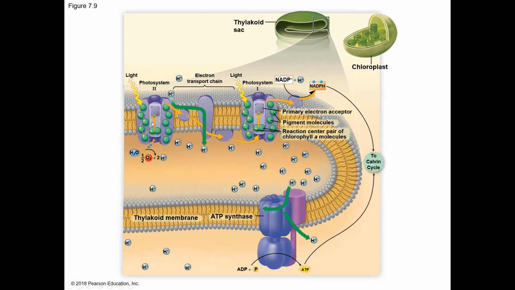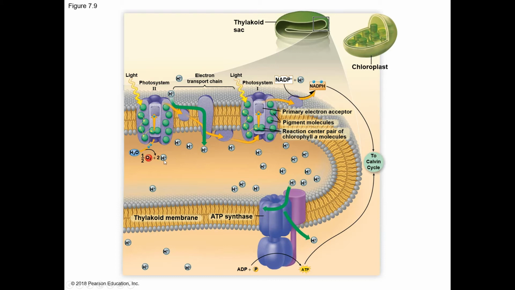So to replace those electrons, we split the water in the lumen so that the electrons can replace the ones that were lost. We reduce PS2 by splitting water. But when you split water, you have an interesting result. You have oxygen gas, which is small and nonpolar, so the oxygen gas just diffuses out, and that's why plants release oxygen gas, okay? And that's good for us because we can breathe it.